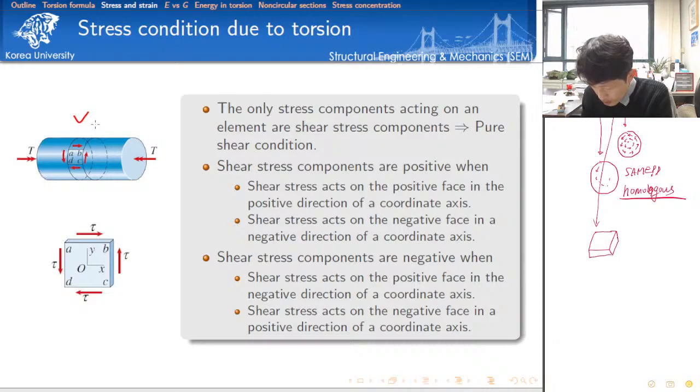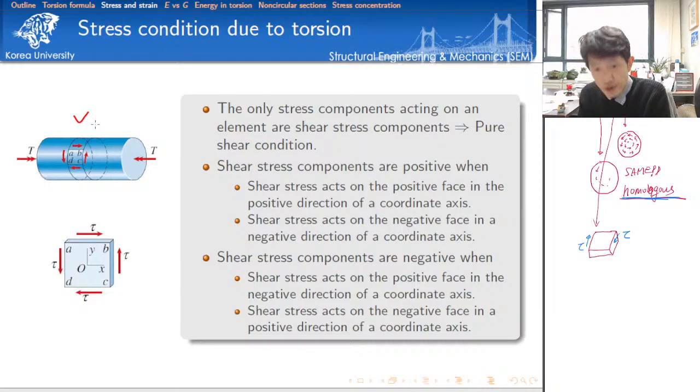Then if we have certain stress field, certain shear stress like this, tau, then we must have exactly the same shear stress in the opposite direction in the left hand side because of characteristics of a homologous situation.